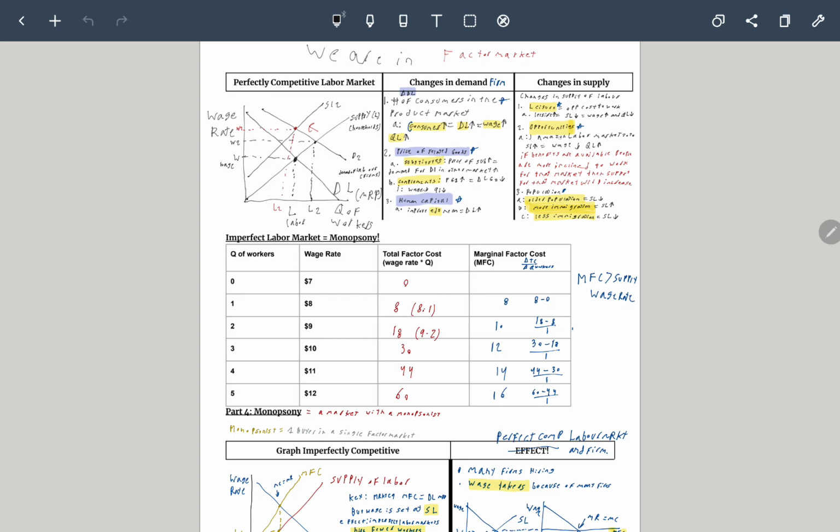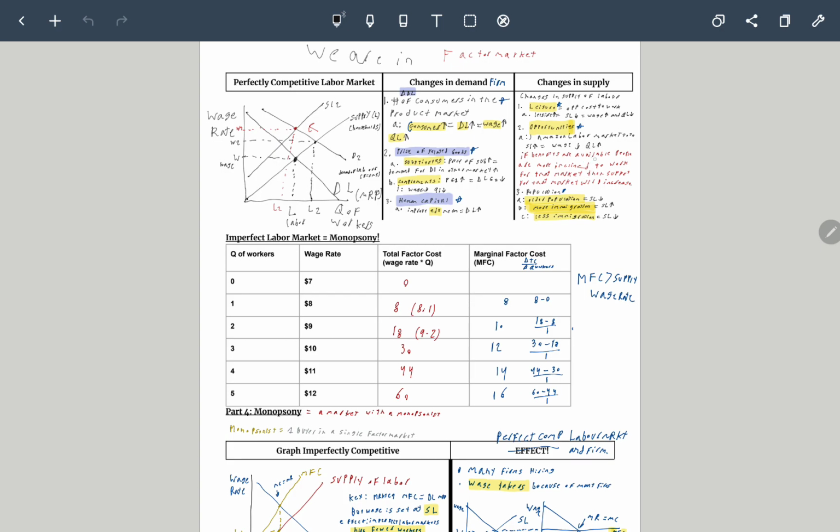So we have opportunities. Let's say if there is a better opportunity at Amazon, you are more inclined to go there. So when you go there, the supply of labor increases, the wage decreases, and quantity of labor increases.